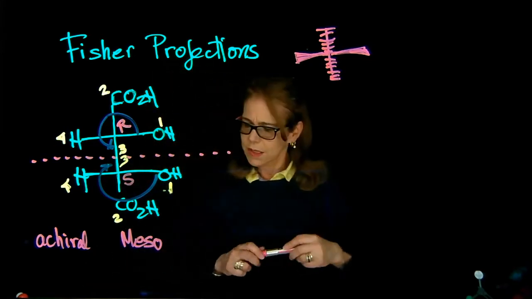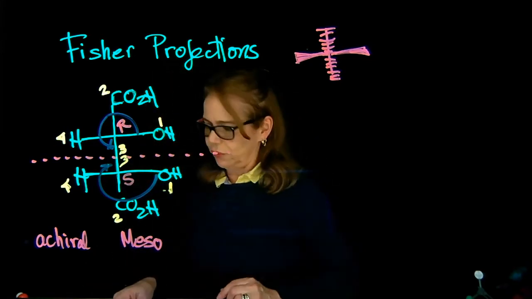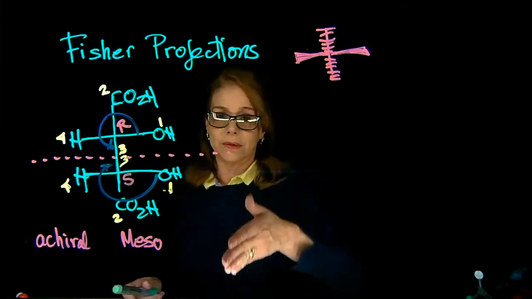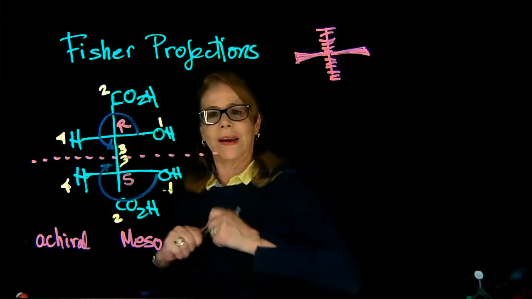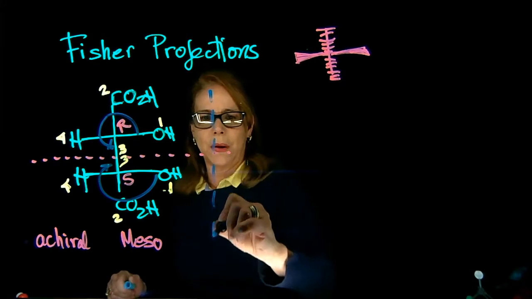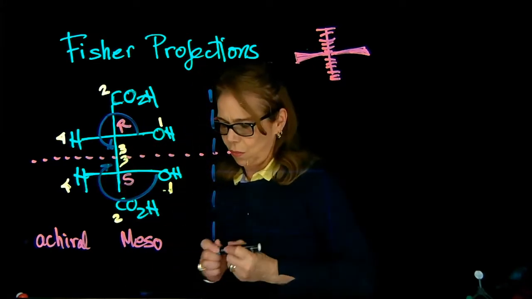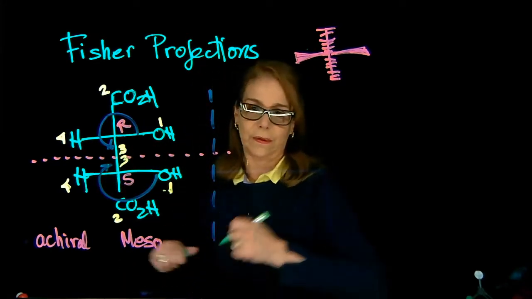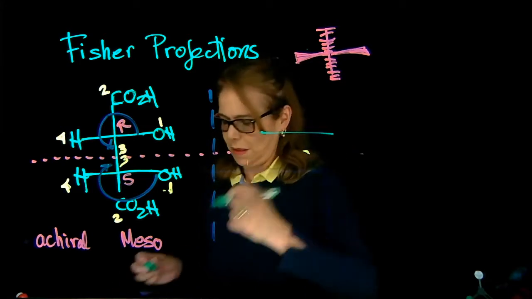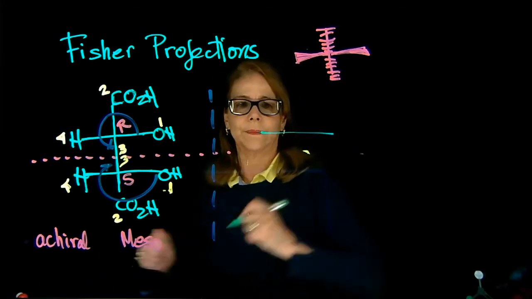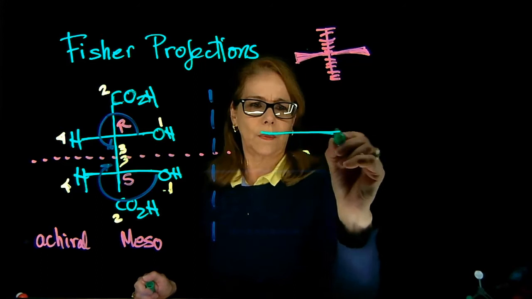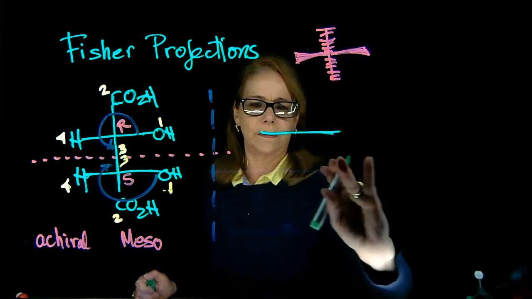Okay. Now I am going to draw the mirror image of this compound. So let's say that I have a mirror right here, and I'm going to draw what will be the enantiomer. Let's see what happens. I don't want that speck there.